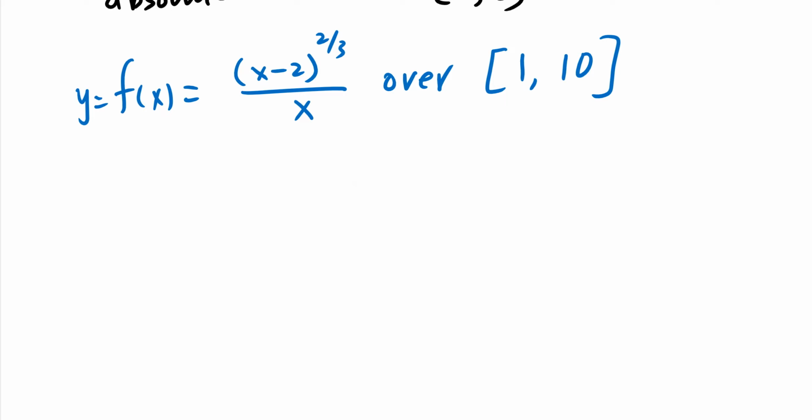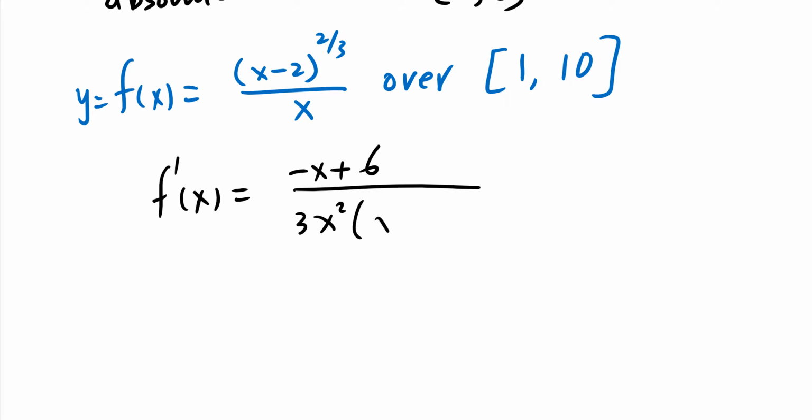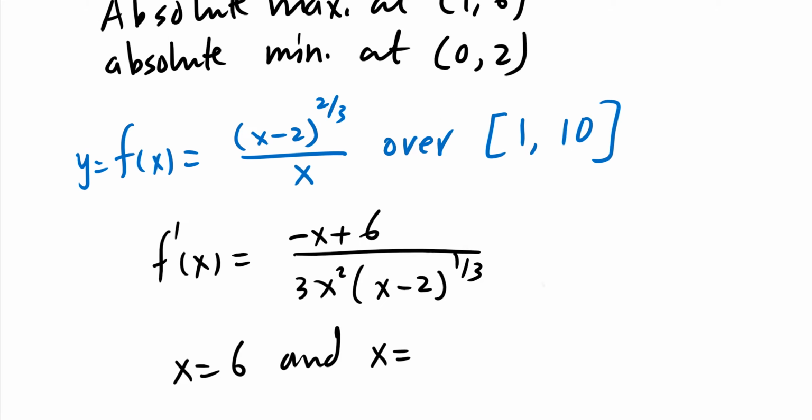Well, if you remember from the previous example, we found the derivative of the function. It was negative x plus 6 over 3x squared times x minus 2 to the 1/3. And we found that x equals 6 and x equals, what was the other one?